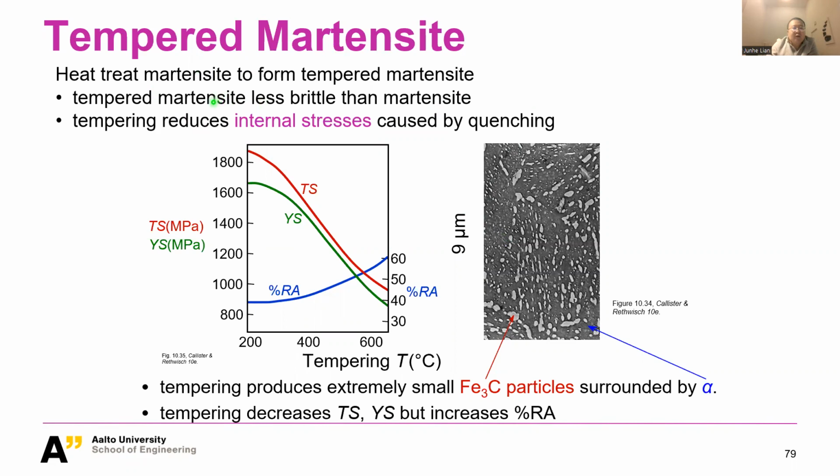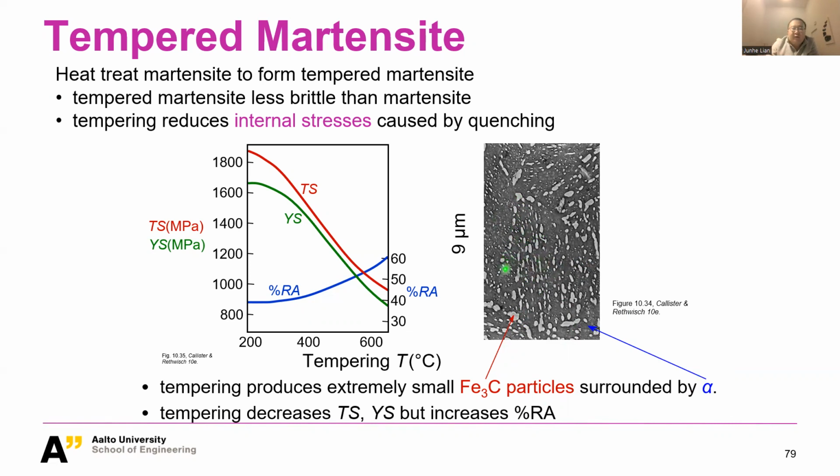We heat up our martensite to, let's say, 200, 400, even up to 600 degrees C, and in this temperature range, the microstructure of this needle-like martensite will be replaced by the stable ferrite alpha and also the cementite particles again. But different from bainite or perlite, the cementite here is looking like very, very tiny particles.